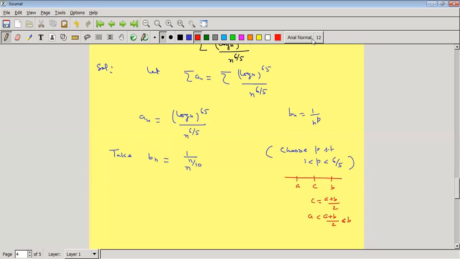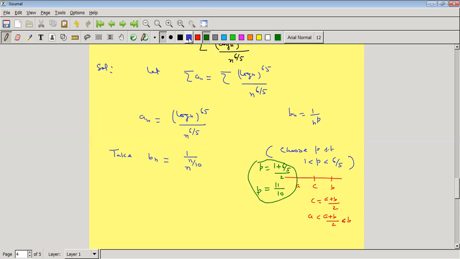Now based on this, how can we find this p? We have to find p greater than 1 but less than 6/5. So p is equal to 1 plus 6/5 divided by 2, the average of 1 and 6/5. It is 11/5 by 2, so it is 11/10. In this way we can take p to be 11/10.